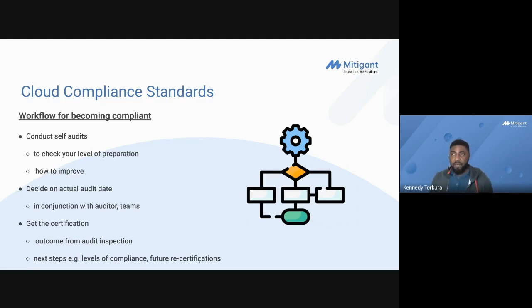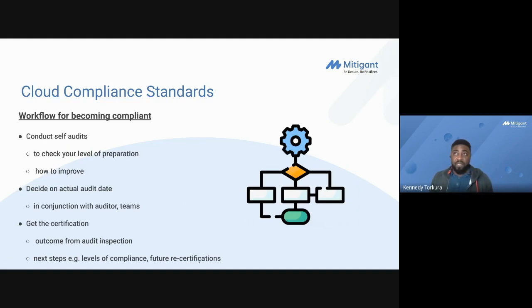Either the auditor wants you to improve on certain areas that he found not to be good enough, or you must also understand that with compliance there are different levels. I remember the BSI has different levels, and therefore sometimes you have to move from one level to the other, depending on your goals, or there might be a need to recertify.